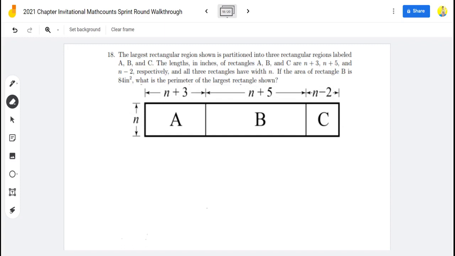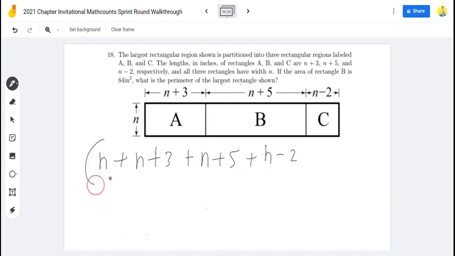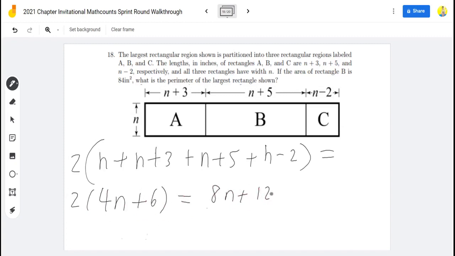Well, the perimeter of the largest rectangle shown in terms of n is just (n plus 3 plus n plus 5 plus n minus 2) all times 2, and this is equal to 2 times (4n plus 6), which is equal to 8n plus 12.